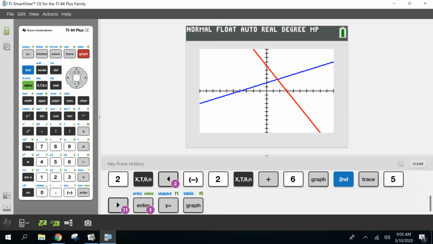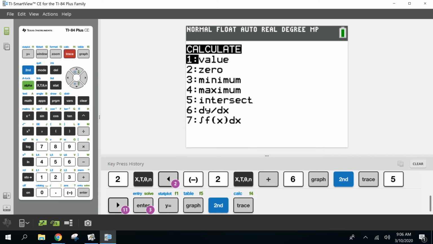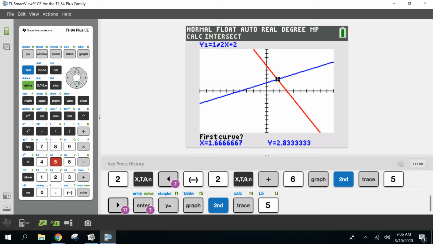How do I find the point of intersection now? I got these beautiful lines graphed. Everyone see your trace button. Second trace, where it says calculate. Which one am I going to choose? Intersect, number 5, yep. And then your blinking spider comes up, and you move it to the right or to the left, so it's pretty much right on the point of intersection.